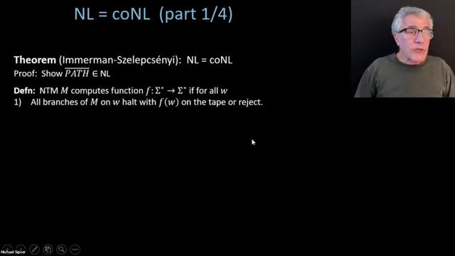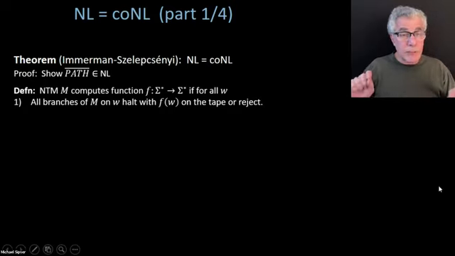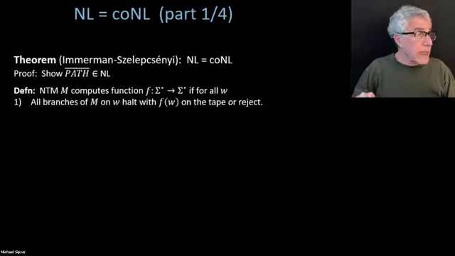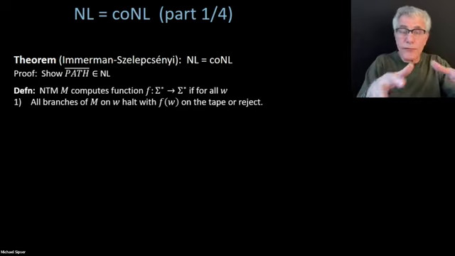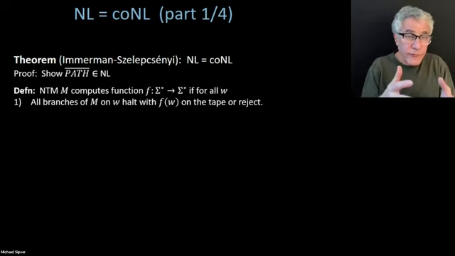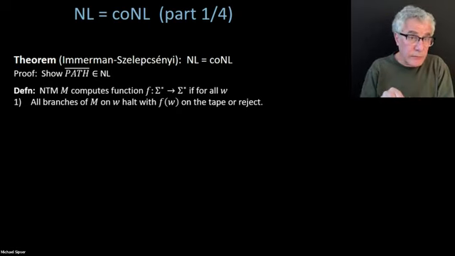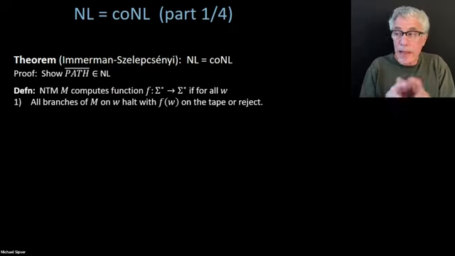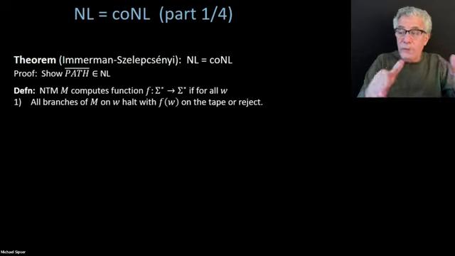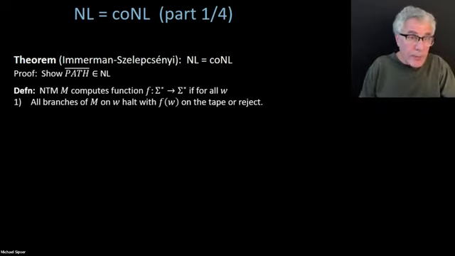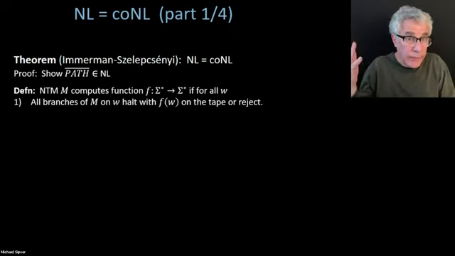We'll see. First of all, I'm going to define a notion of a non-deterministic machine computing a function. That's a simple idea. You have some function f, which for every w has an output f of w. On all of its branches, the non-deterministic machine is allowed to either give f of w, or say reject, meaning punt, or say I don't know.